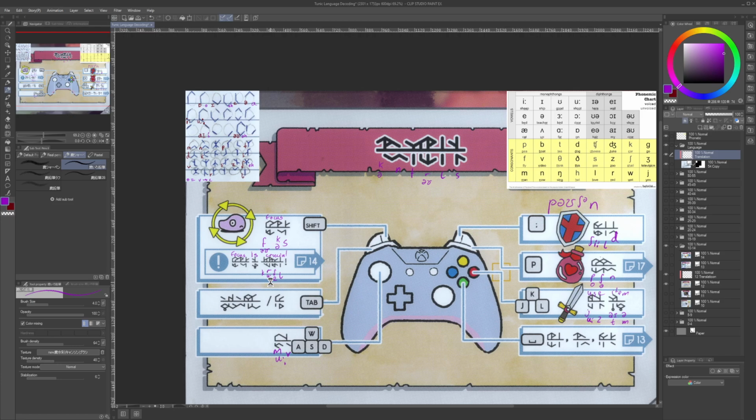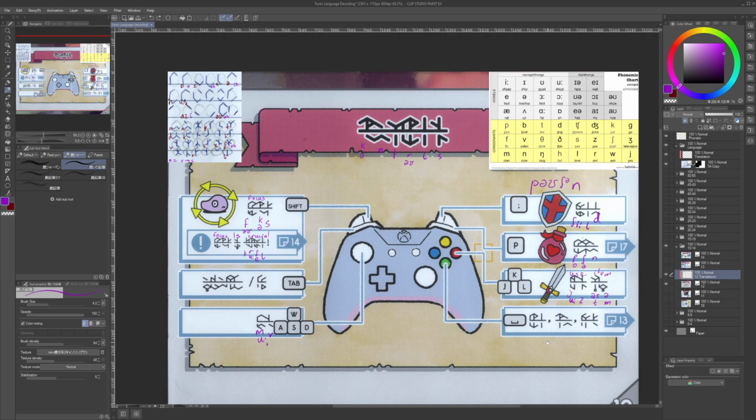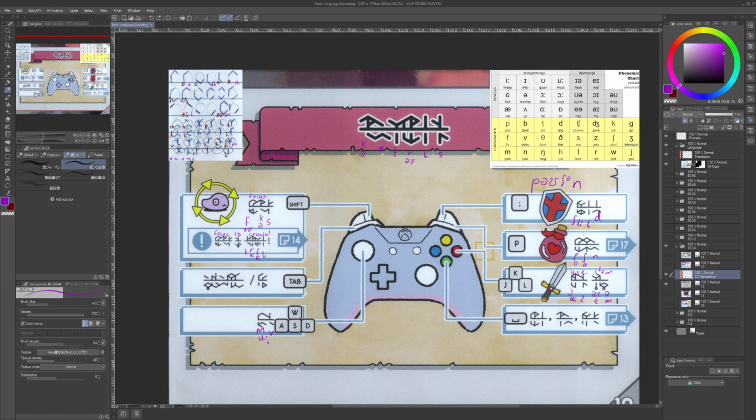Item. Okay, so what do we have down here? That is O sound. And that roll. Okay, so it's roll. No, upside down.